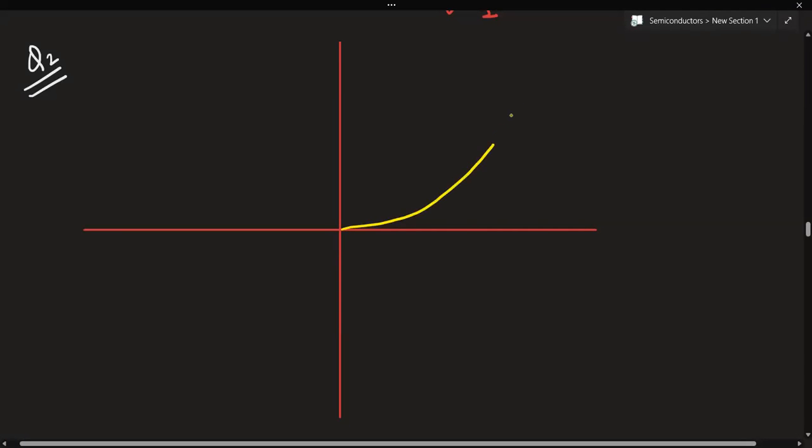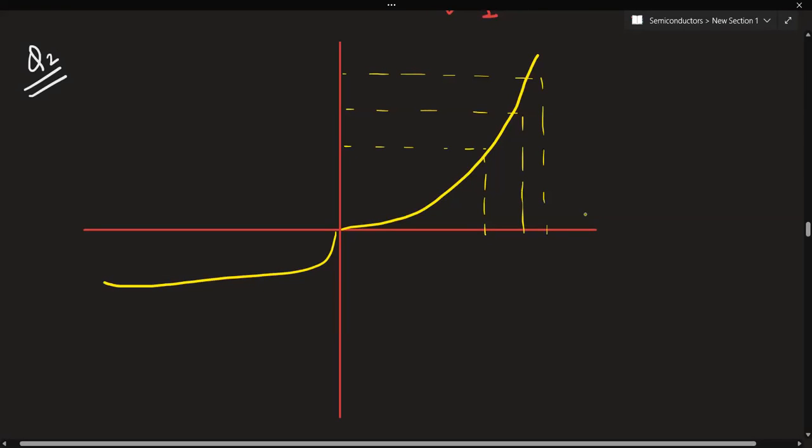This is for the forward part and let's say this is for the reverse part. This is the graph that is given to me. And let me tell you the readings also. There are three parts which have been marked. This is, let's say 10, this is 15, this is 20. So in case of forward biasing, what will be the unit, micro or milli?